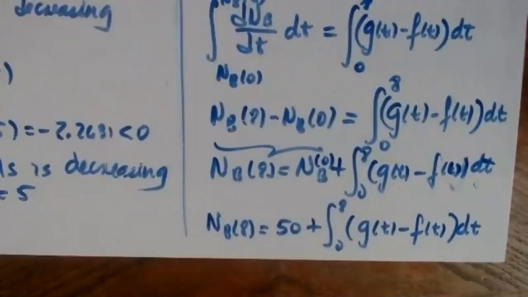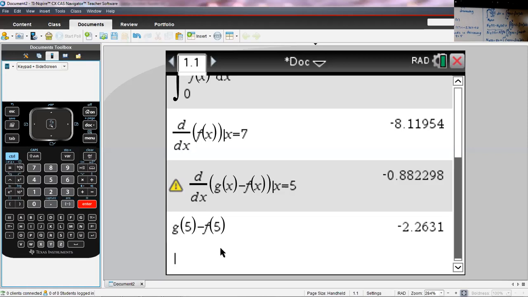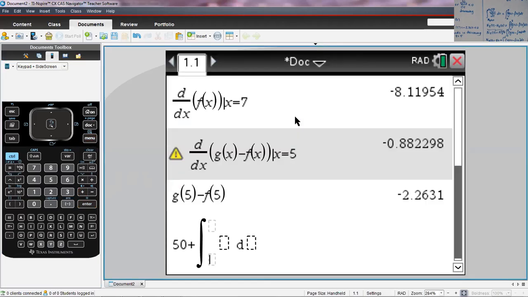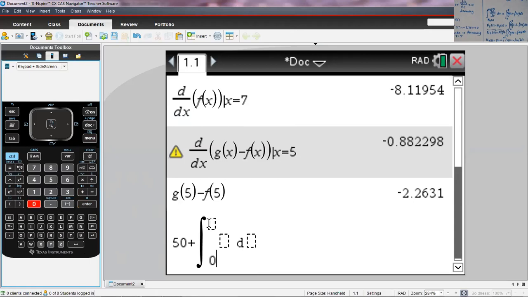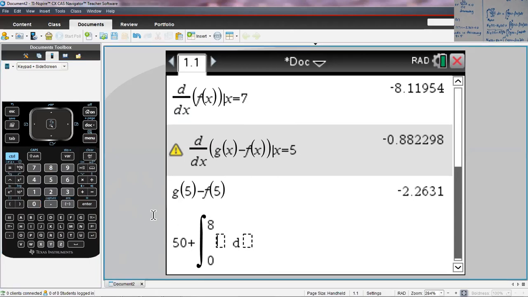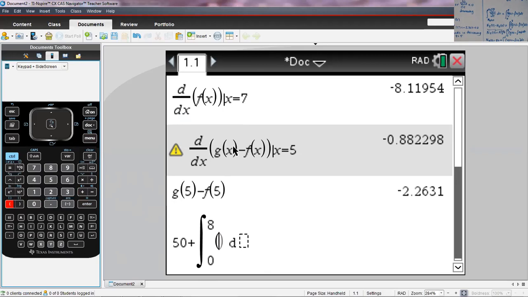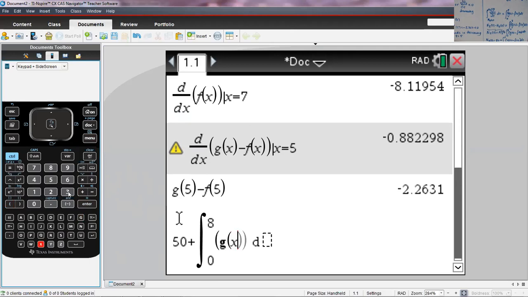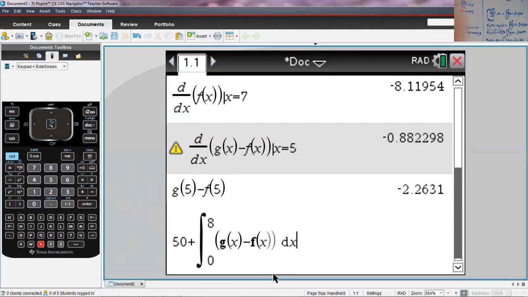Now I'm going to use the calculator to get this answer, right? I don't have to do too much. I'm going to put here 50 plus menu, calculus, integral. So it's 0 through 8 here, parentheses, and I have to do g of x minus f of x, g parentheses x minus f parentheses x dx, correct?